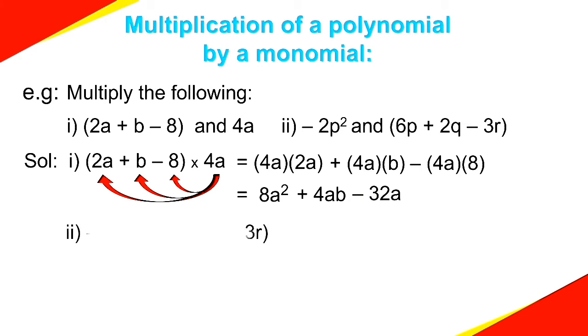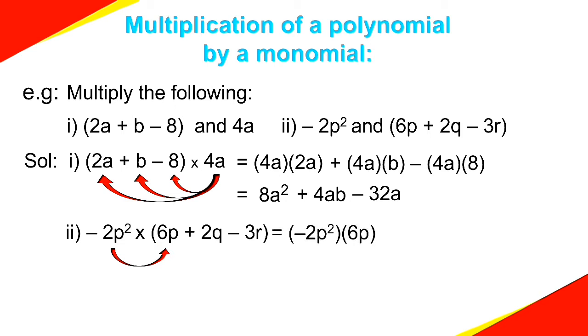Now we are going to see the second option, that is minus 2p square into 6p plus 2q minus 3r. Now we are going to see the first one, minus 2p square into 6p. We are going to do it, right?